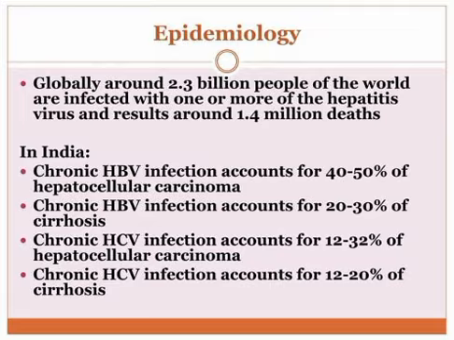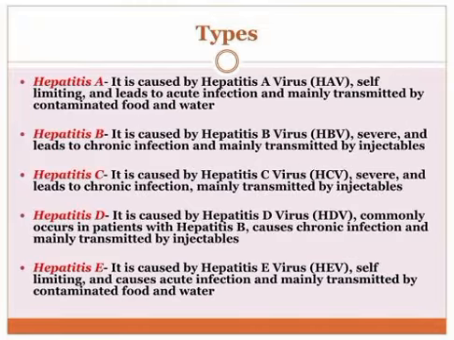Chronic HCV infection accounts for 12 to 32 percent of hepatocellular carcinoma, and 12 to 20 percent of cirrhosis. So these are the epidemiological conditions of hepatitis globally as well as in India.